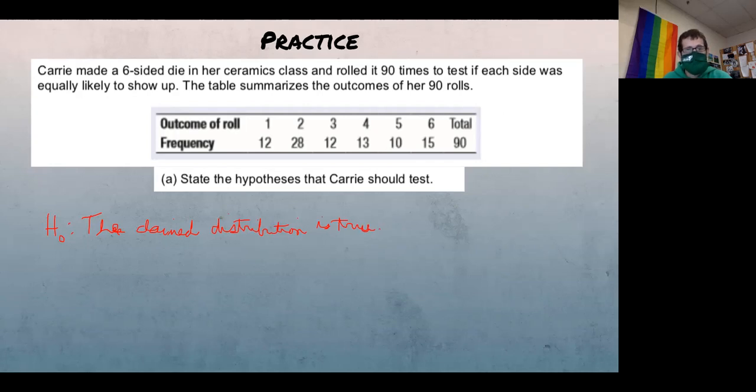And you can summarize it that way. So we're not writing an equation for this. I talked about this yesterday. But the claimed distribution is true is our null hypothesis.